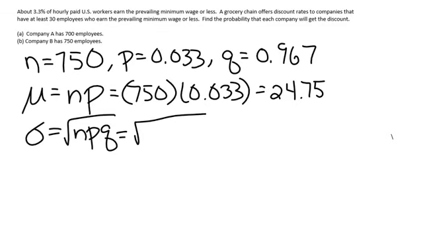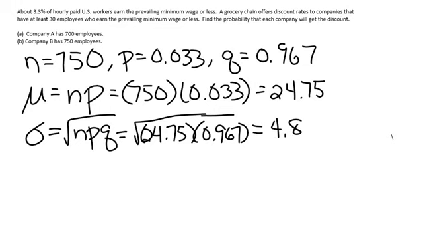Standard deviation is equal to 4.89. Now I'm going to use these numbers to calculate my z-value.